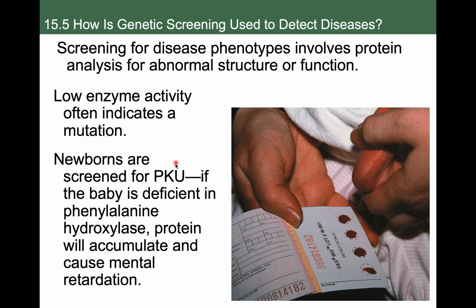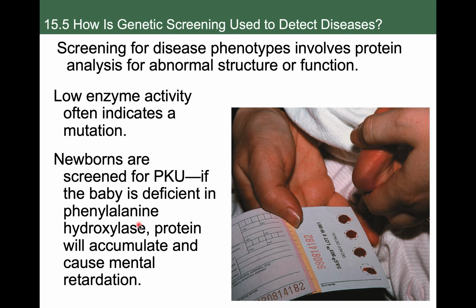This is called PKU, that will basically reduce an individual's ability to break down the amino acid phenylalanine. So the mutation is in this enzyme called phenylalanine hydroxylase. So if you have this disease, this mutation, that enzyme doesn't work anymore.